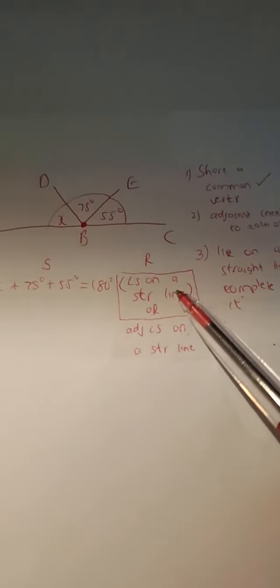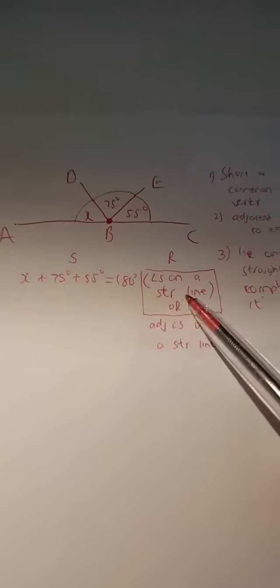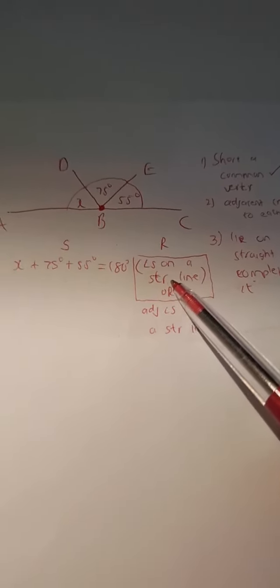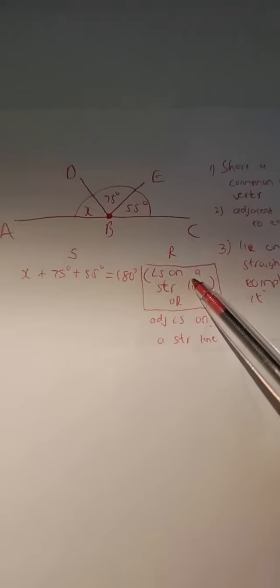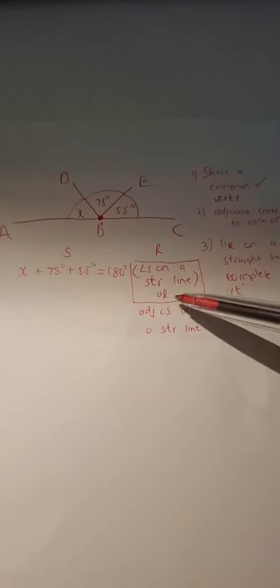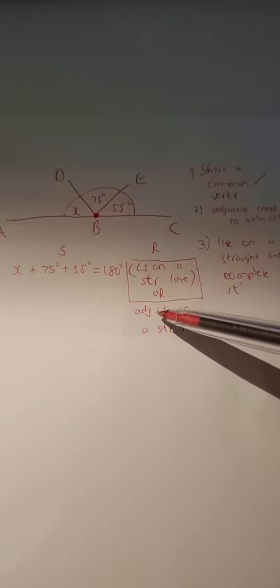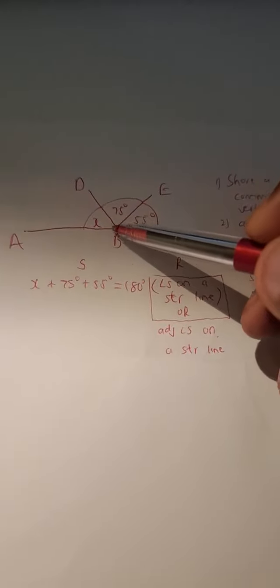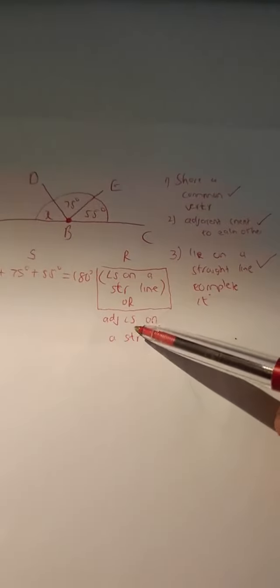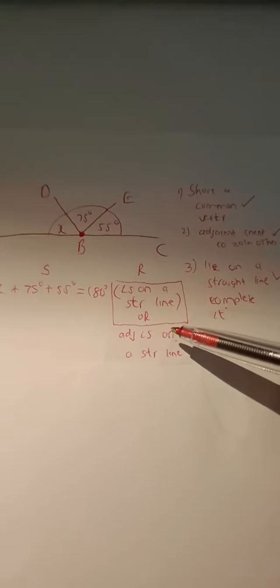The reason why you will never see me use any other reason besides this one is because the nationally accepted reason according to the document that has been given is this one. So angles on a STR line is an acceptable reason. Sometimes I know people use this one as well, and it makes the point clear that these angles must be sharing a common vertex, adjacent to each other. So this reason obviously makes perfect sense.